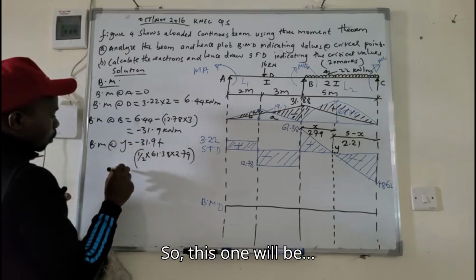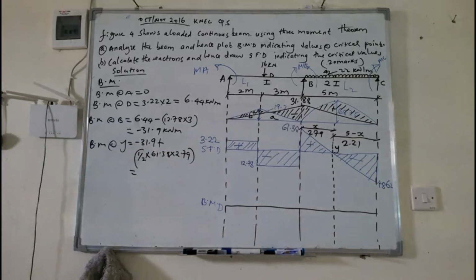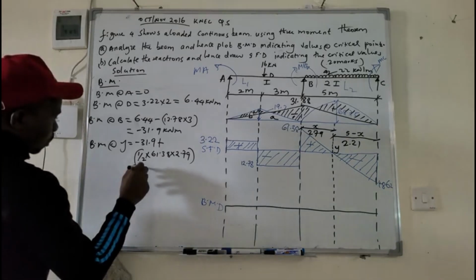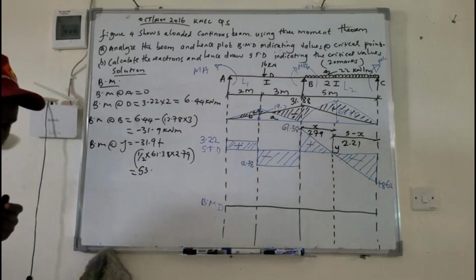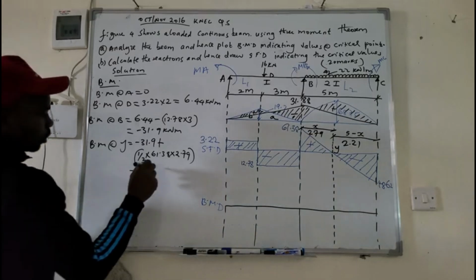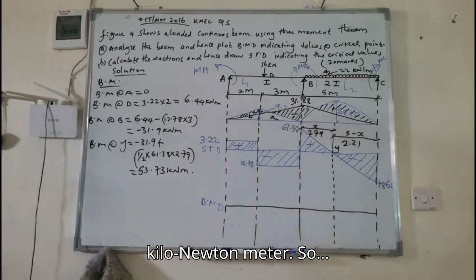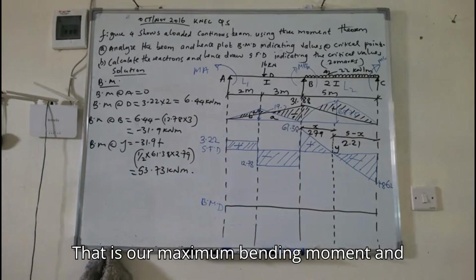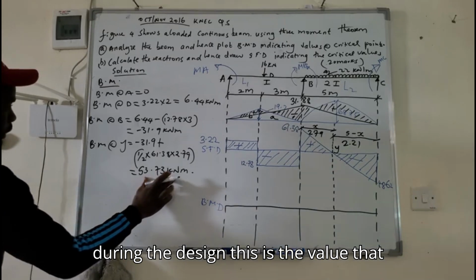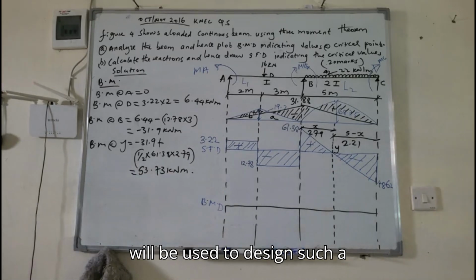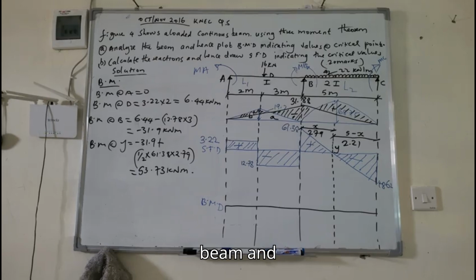So this one will be 53.73 kilonewton meter. So that is our maximum bending moment, and during the design, this is the value that will be used to design such a beam.